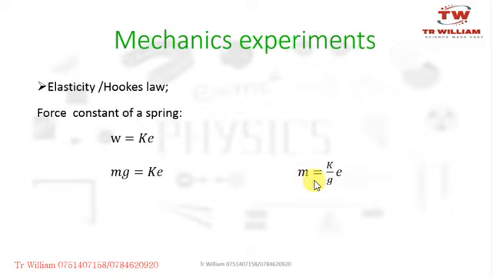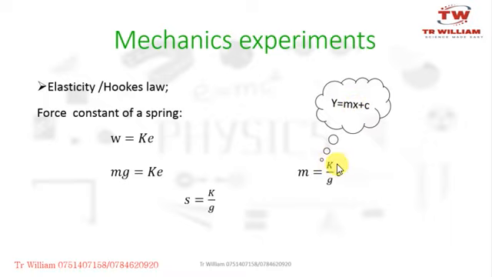And now I know for every mass I suspend, I will determine its extension. So when I plot, I can see that is the equation of a straight line, y equals mx plus c, and my slope will be k over g. So if I want the force constant, k will be equal to what? g, acceleration due to gravity, times the slope. So I will have determined the force constant of the spring.